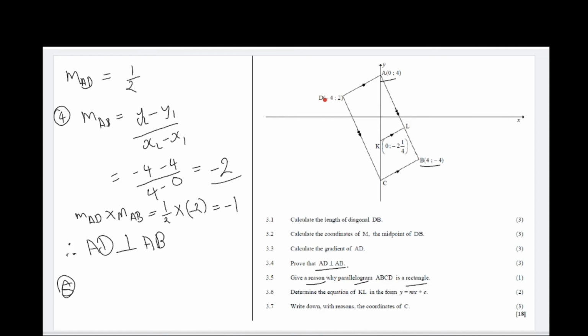Like I said, when you're proving a figure given on the Cartesian plane, your answer must be proven. So you use the answer you found in the previous question to prove. It is true that a rectangle has equal sides and the opposite sides are parallel, but we are not sure about this one.